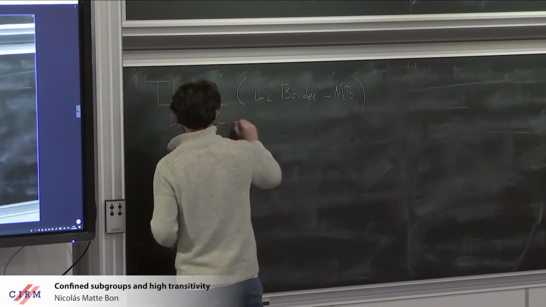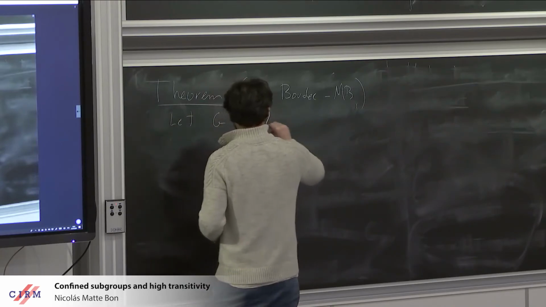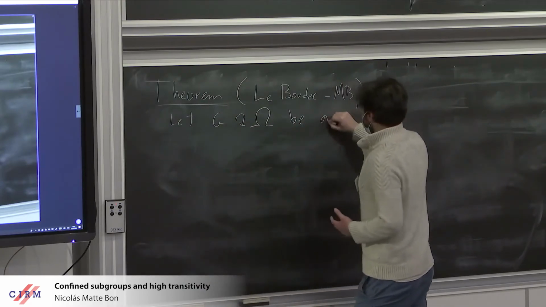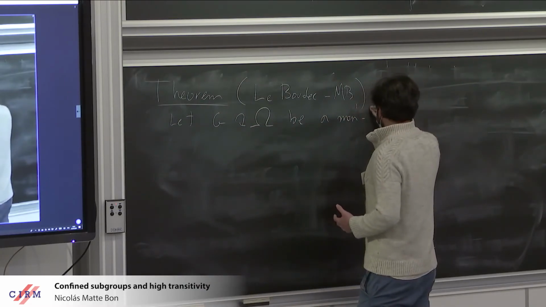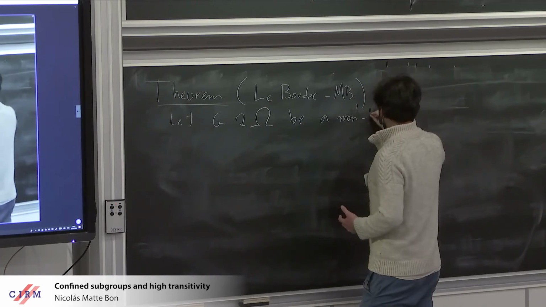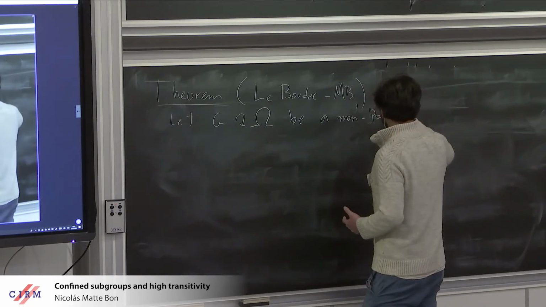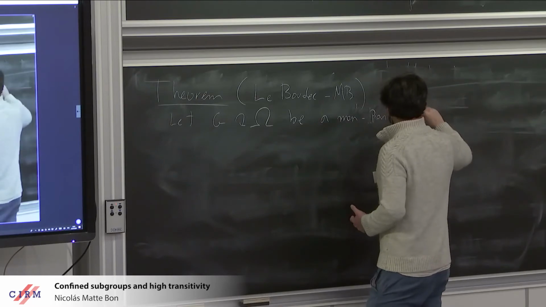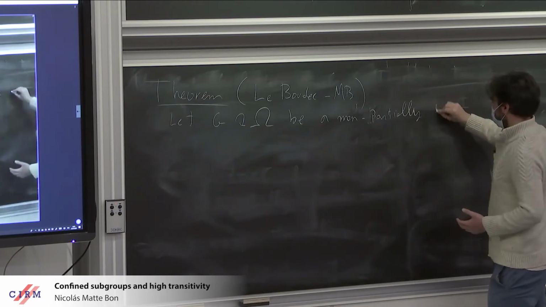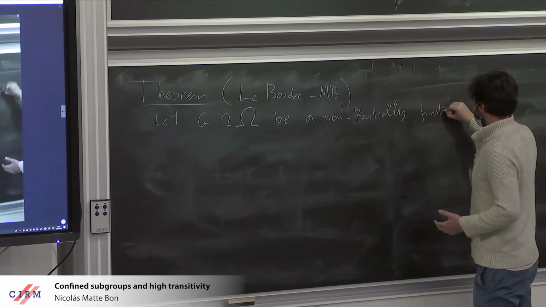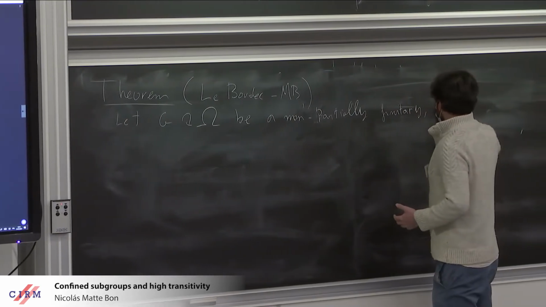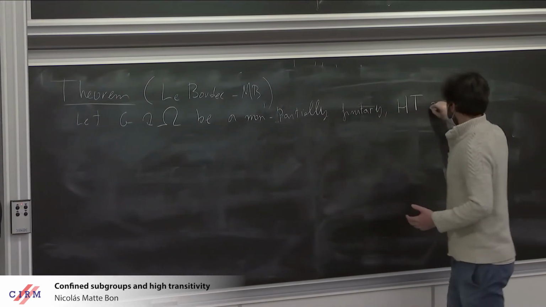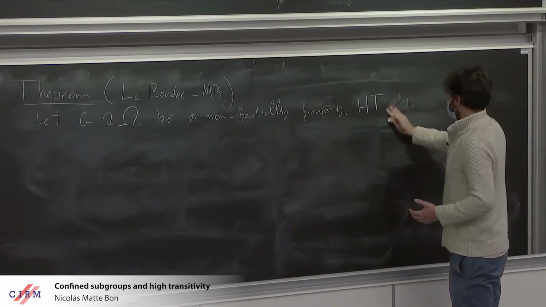Let G acting on omega be a non-partially finite, so I want to exclude the case there, highly transitive, faithful action.